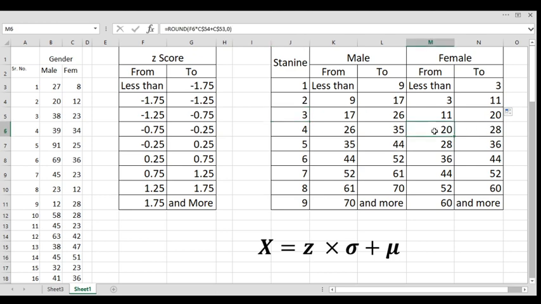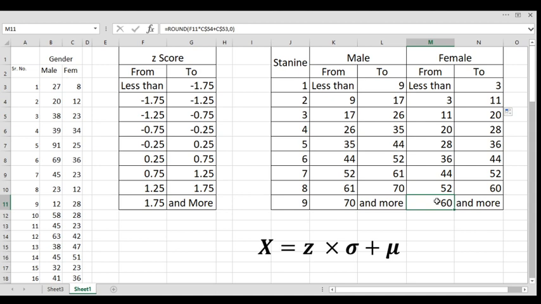Scores between 20 and 28 of female will be assigned stenine 4. In the same way, if a female scores between 52 and 60, then she will be assigned stenine 8. And if a female obtains a score of 60 or more, then she will be assigned stenine 9.